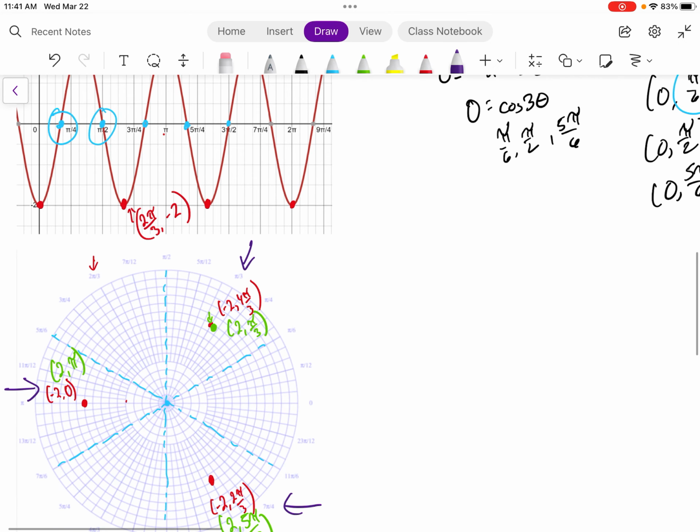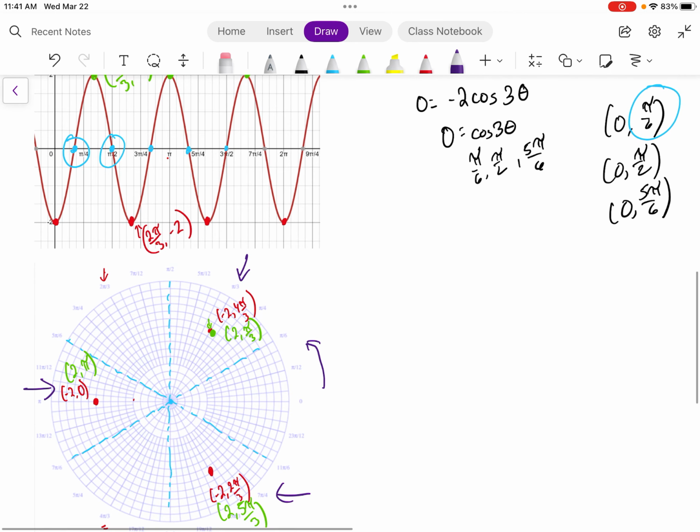Normally, we're moving from 0 up to pi over 6, but because r is negative, it's going to look like we're going from pi down to 7 pi over 6. And we're going to be sweeping in, and we're going to go back to 0. So this piece can only look like one thing. It can only look like this.